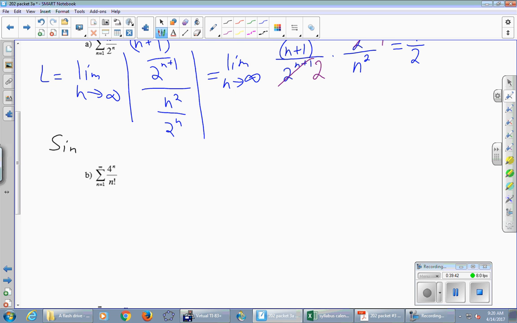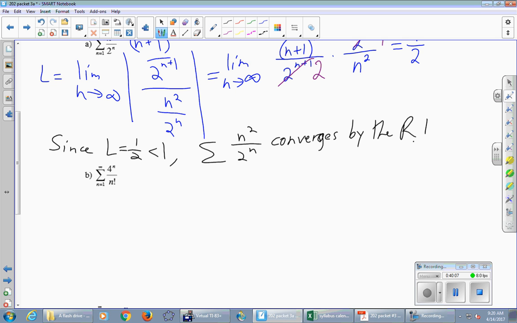Since L equals 1/2 is less than 1, the series, and I'm copying the series as it is, n squared over 2 to the n, what does it do? Converges by the ratio test, RT. Converges by the ratio test.